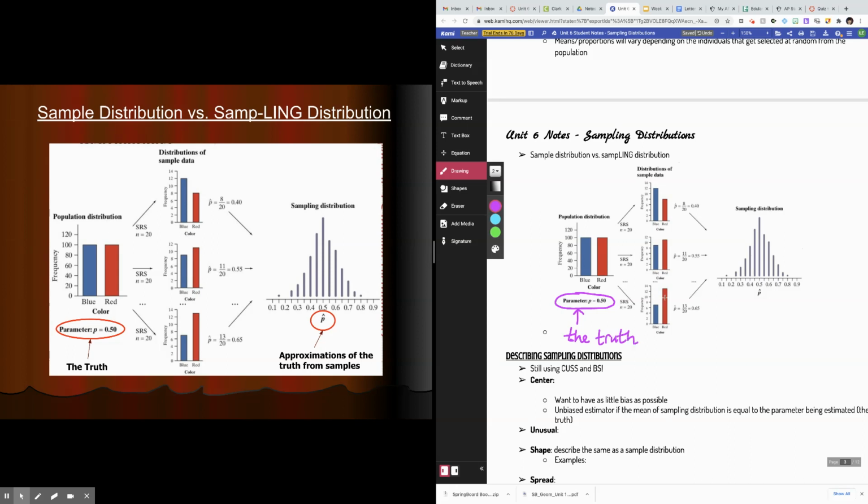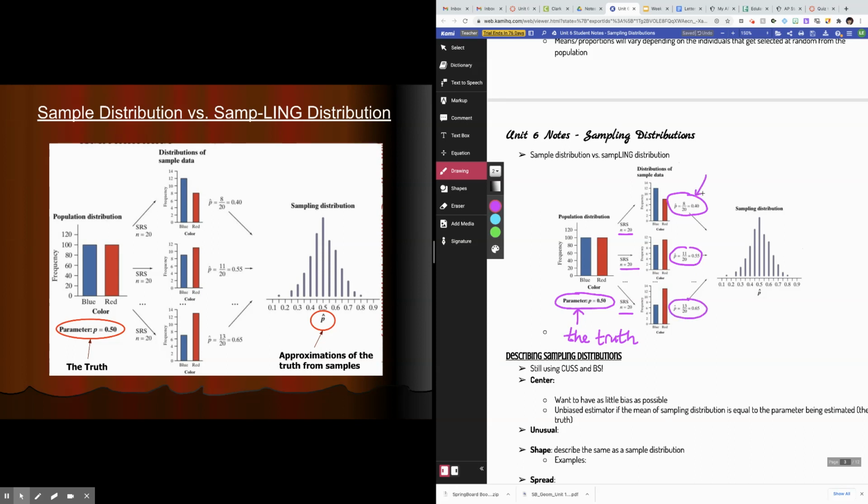From that population, we pull many different simple random samples, which is what's happening here. Each of these distributions in the middle is a distribution of sample data. So this is a sample distribution, which gives an individual statistic for each sample.